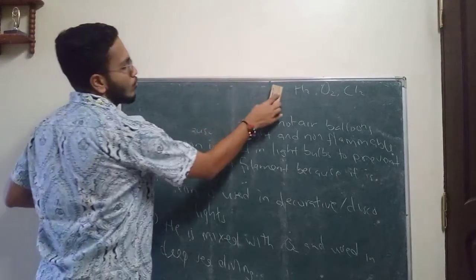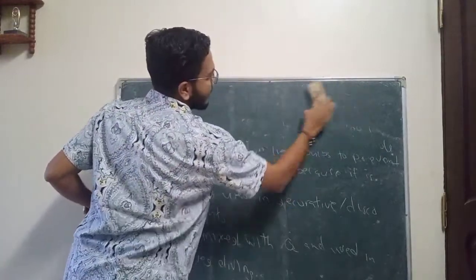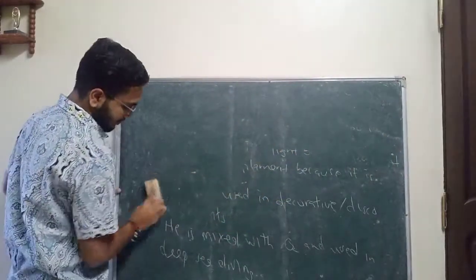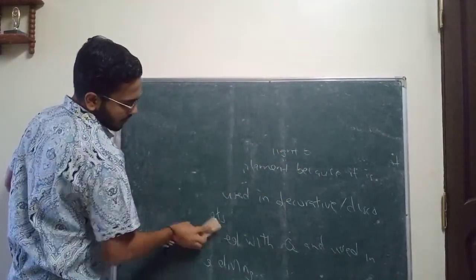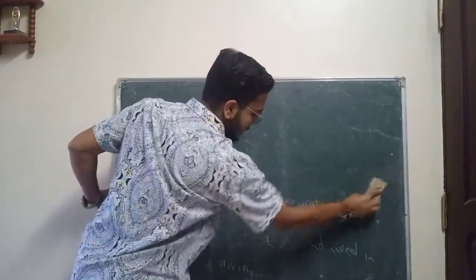Now we go to a rather long area, halogens. Our chemical family, halogens. Halogens is group 7. The group is group 7, but the name of the chemical family is halogens.